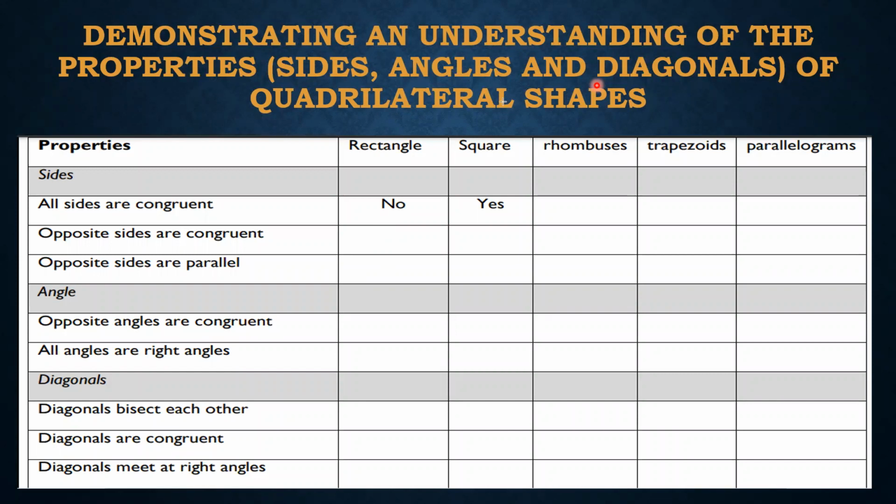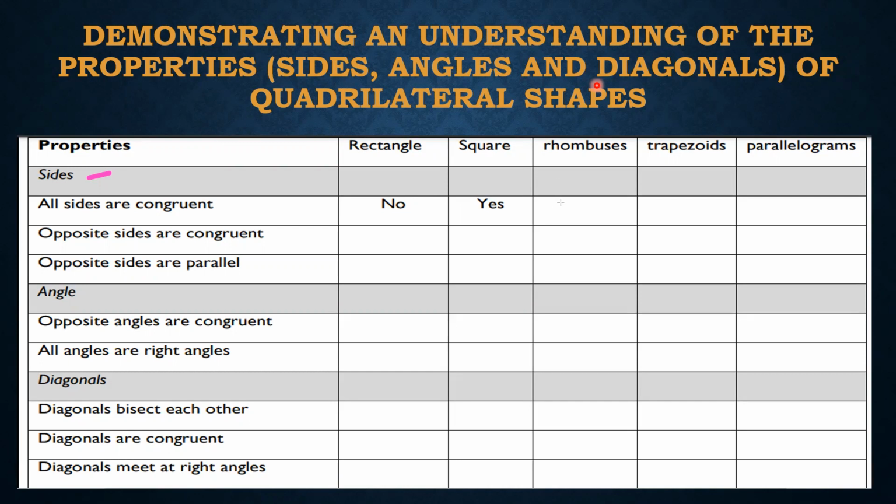Now with this, we said when you are talking about the size, all sides are congruent. It means all sides are the same. Now let's compare. The rectangle, no, that is why automatically they have no here. The square, all the sides are the same.